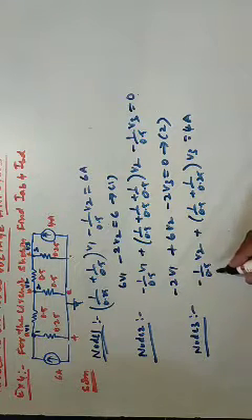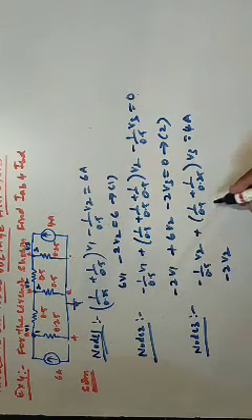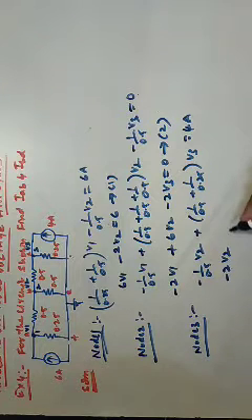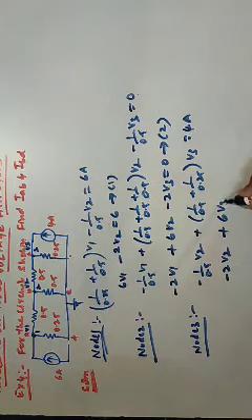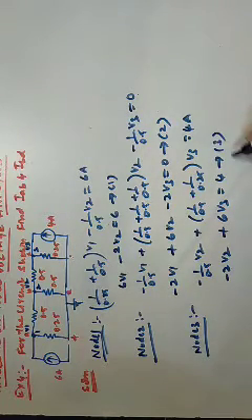Minus 1 by 0.5 is nothing but minus 2V2, 1 by 0.5 is 2, 1 by 0.25 is 4, so that is 6V3 is equal to 4. This is equation number 3.